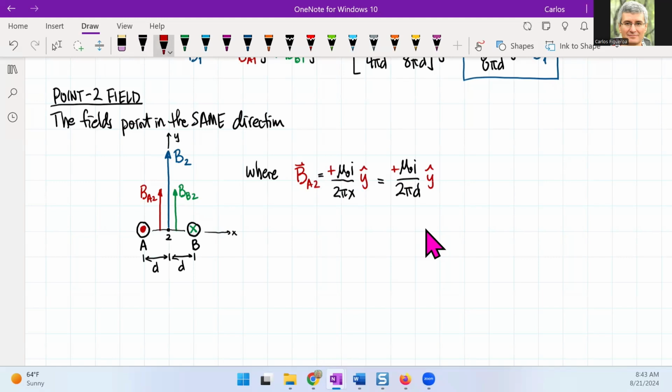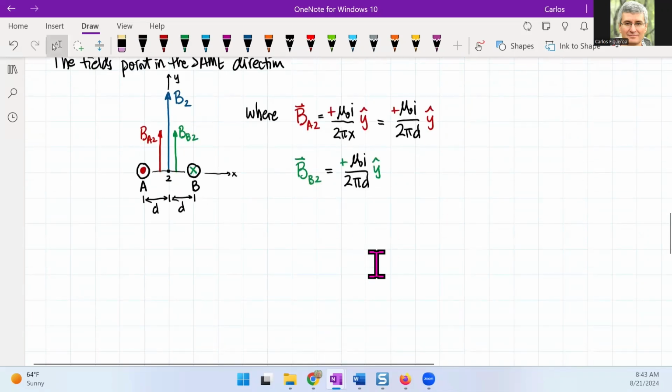I could do the exact same thing with B. So here, it's going to be the exact same magnitude: μ₀I over 2πd, in the positive y direction.